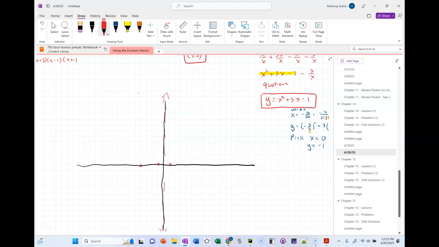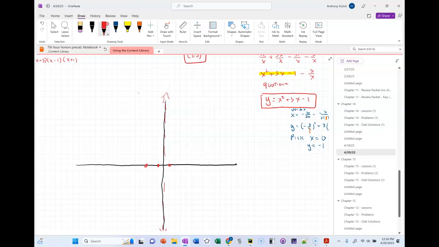All right. Negative 1.5. I don't know what this is. That point's not supposed to be there. There. Negative 1, negative 3, positive 1.